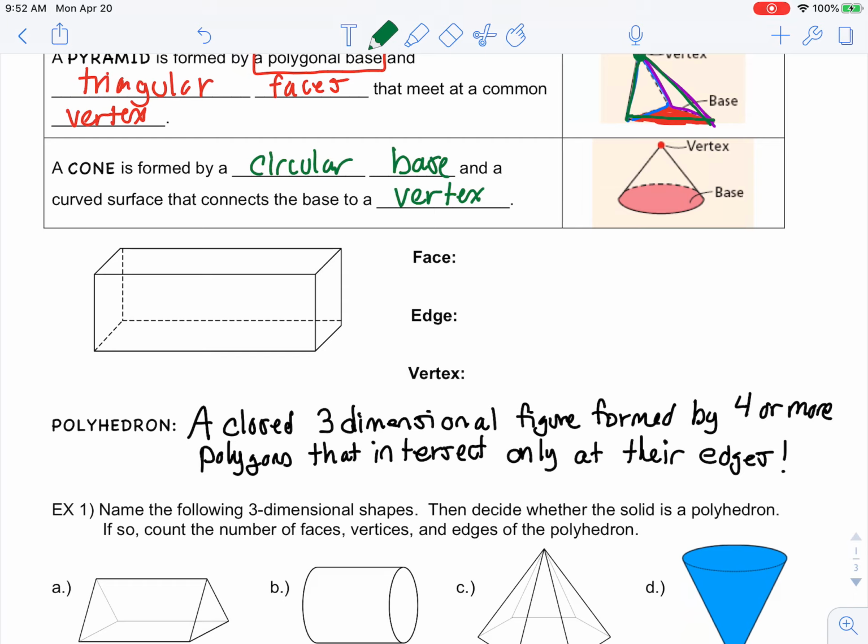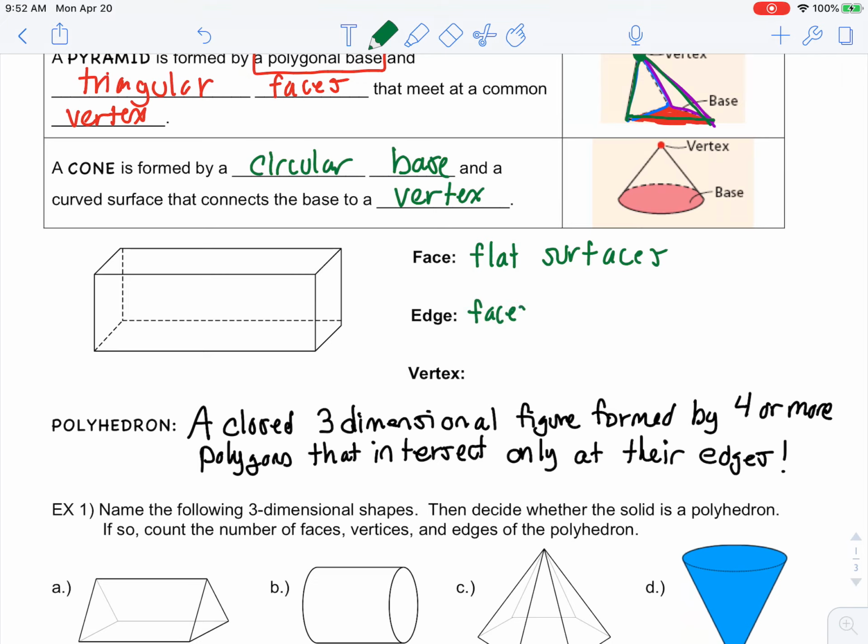Okay, as we talk about these three-dimensional figures, we often refer to the faces, the edges, and the vertices. So the faces are basically all of the flat surfaces on the figure. These faces can be polygons, they can be circles, they can be hexagons, octagons, anything.